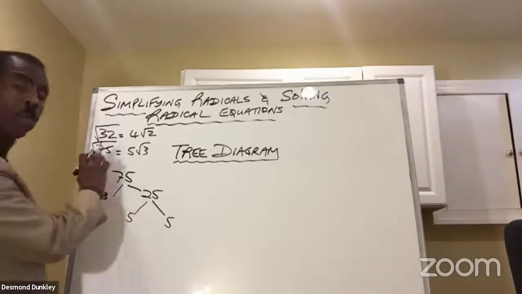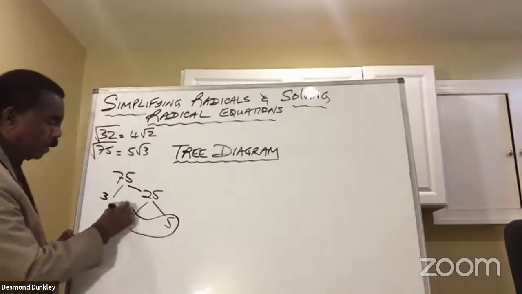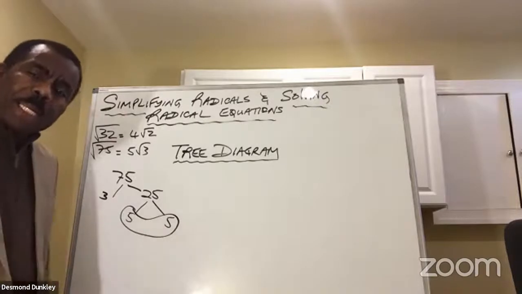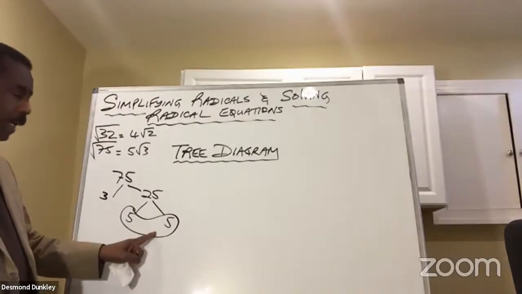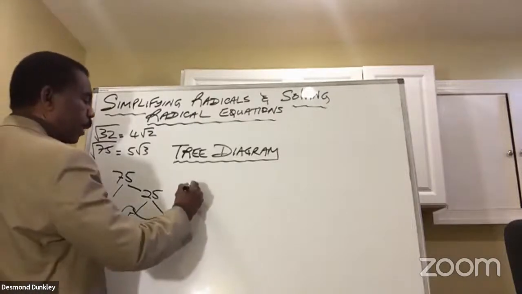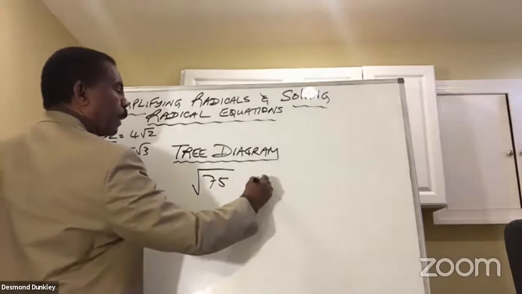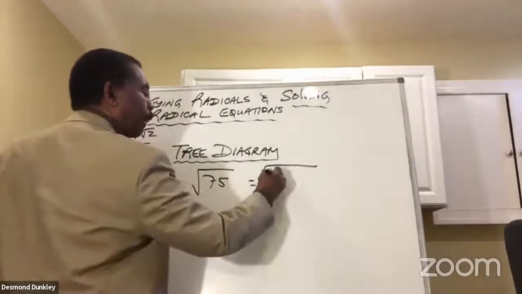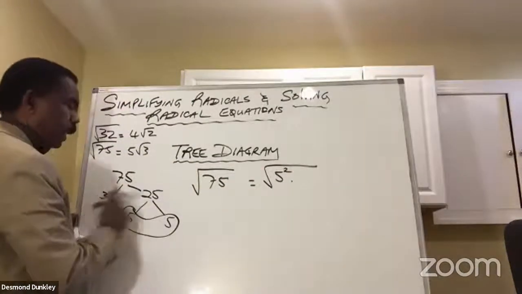We're looking for the square root, so we need to get all the pairs that we can. In this case, we just have one pair, which is 5 times 5. So the square root of 75 is equal to the square root of 5 squared times 3.